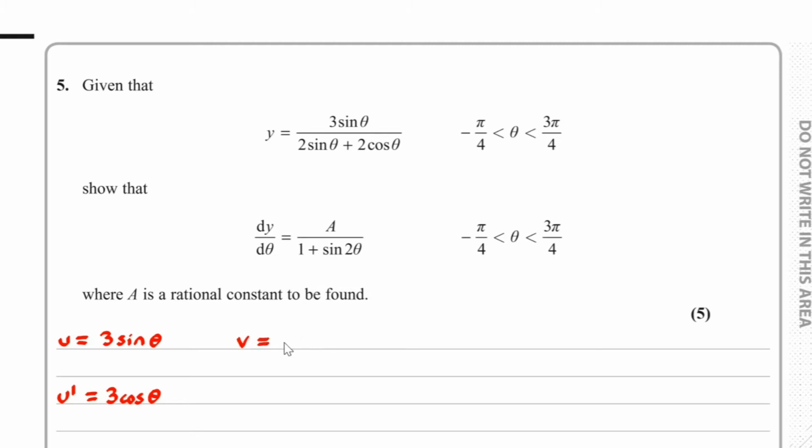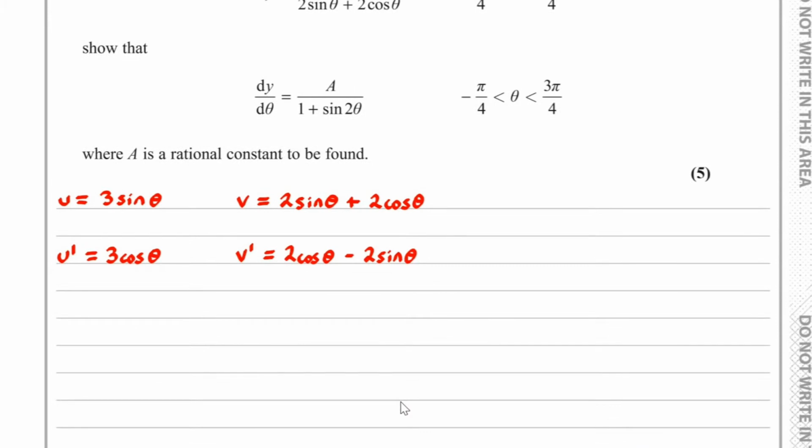V is equal to 2 sine theta plus 2 cos theta, and therefore V dash is equal to 2 cos theta subtract 2 sine theta.